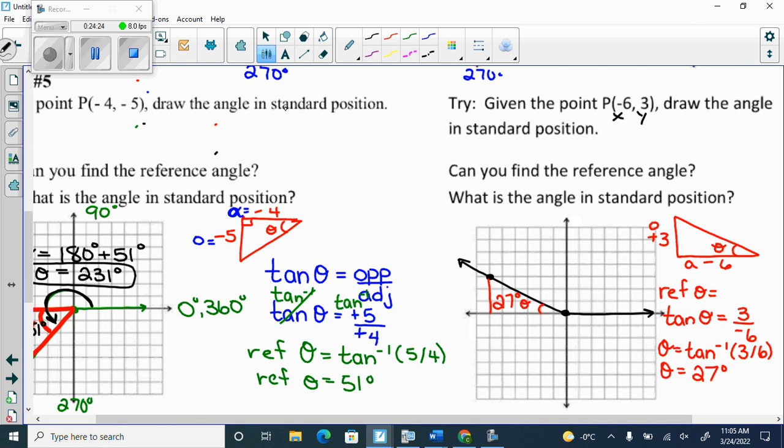So how do I actually get my angle in standard position? 180 degrees minus 27 degrees, which gets me 153.